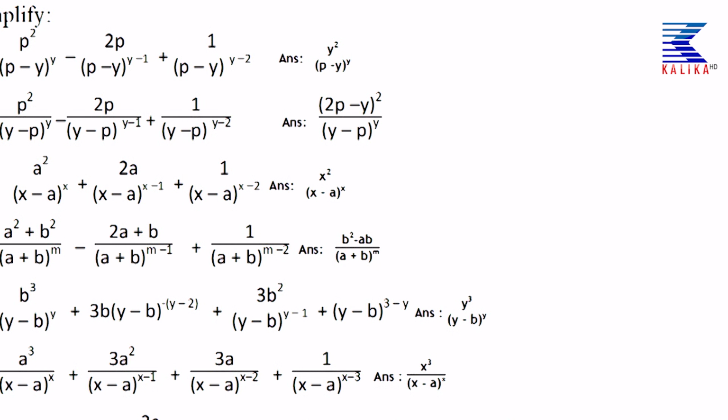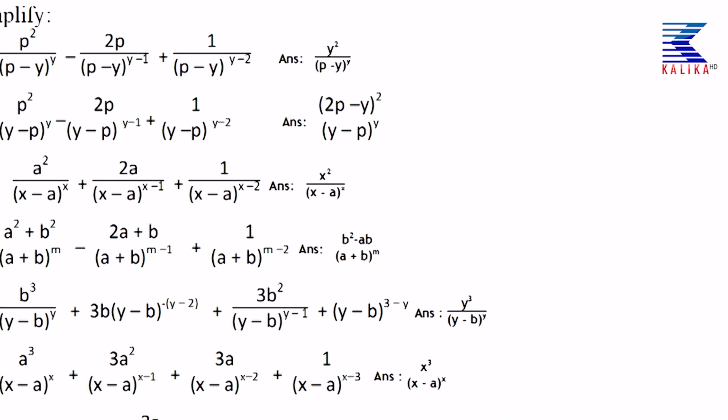(a square plus b square) divided by (a plus b) to the power m, minus 2(a plus b) upon (a plus b) to the power m minus 1, plus 1 upon (a plus b) to the power m minus 2.